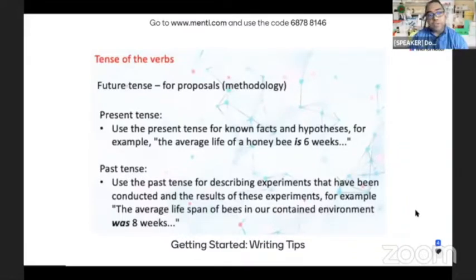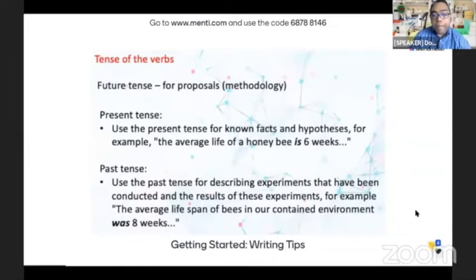So, future tense yun. Now, present tense, you will use that, of course, for known facts and hypotheses. Okay, so for example, the average life of a honeybee is 6 weeks. Okay, kasi known naman yun.